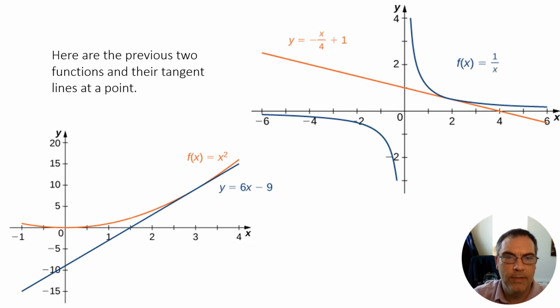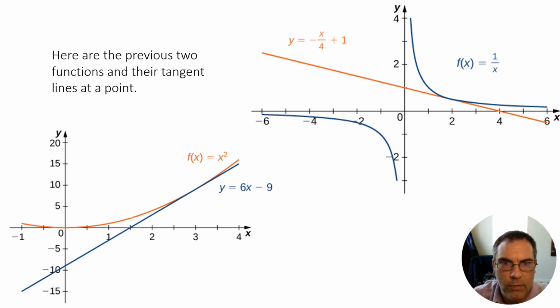All right, so the graphs here on this slide show you both of those functions for which we've just found the tangent line. The first one was x squared at the value x equals 3, and we found that the line y equals 6x minus 9 is the tangent line to the curve. So it shows both of those, the original function and its tangent line plotted. Same thing over here with the other example, f of x is 1 over x.